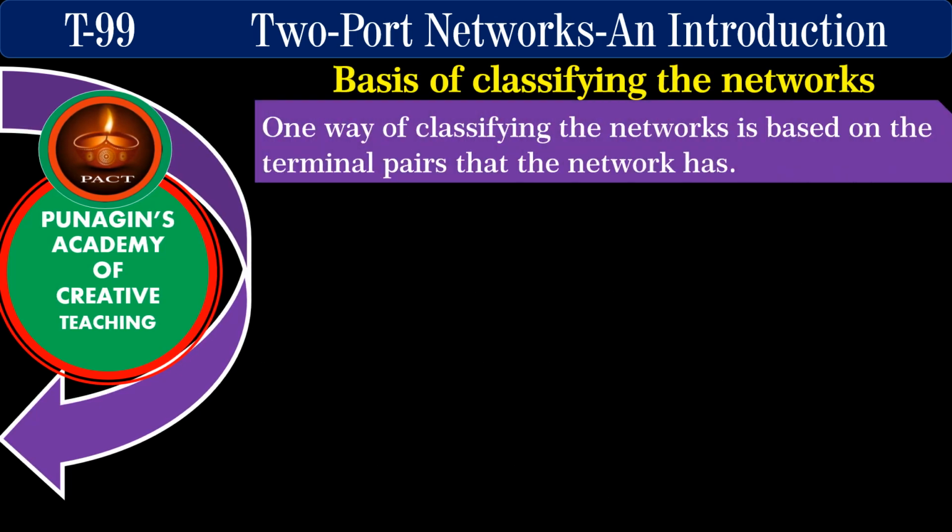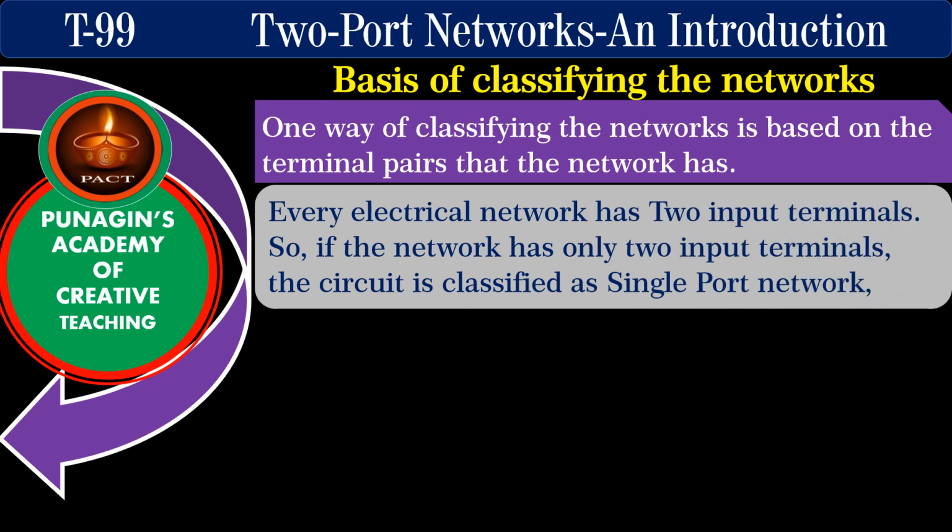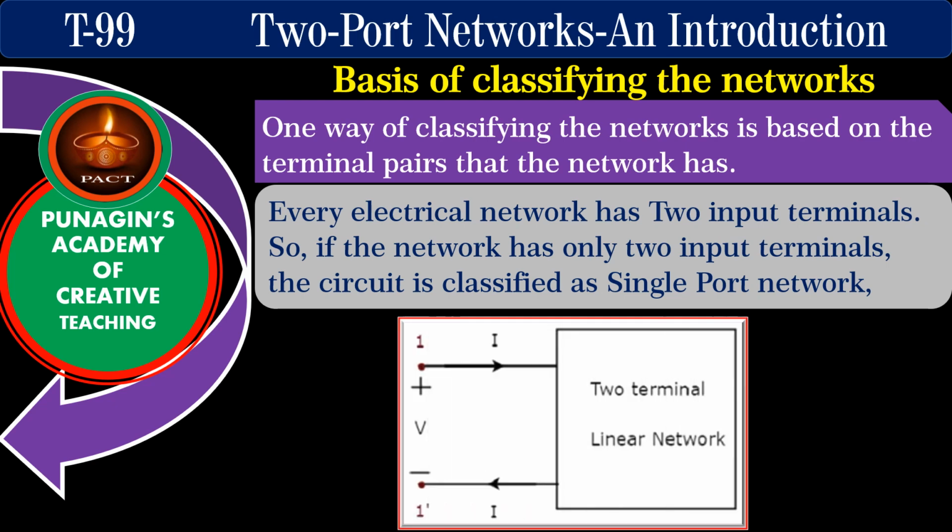Friends, one way of classifying the networks is based on the terminal pairs that the network has. And you know, every electrical network has two input terminals. So, if the network has only two input terminals, the circuit or the network is classified as a single port network.